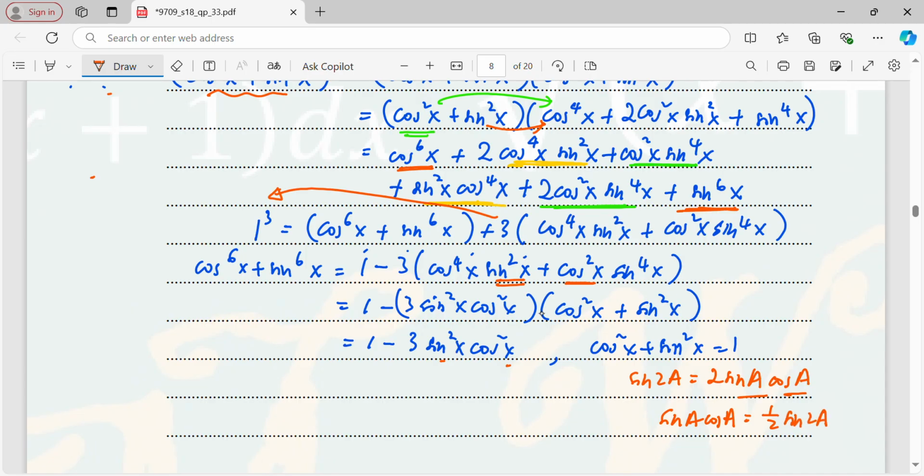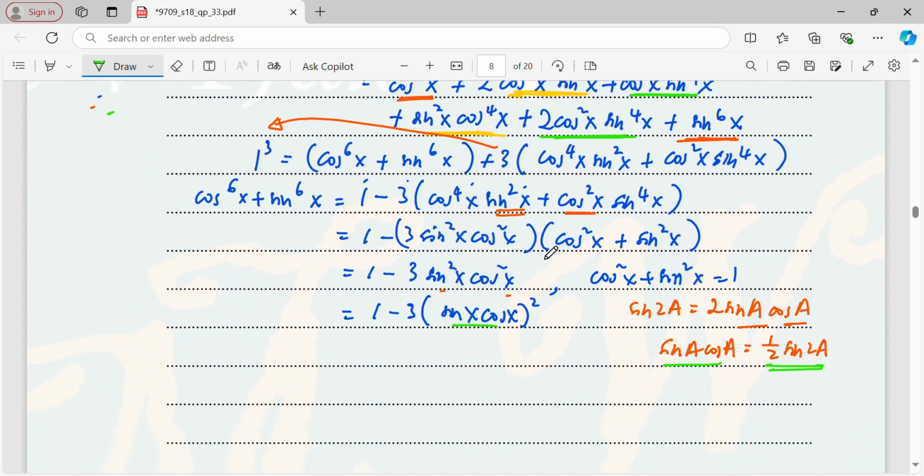And now when you compare, this is sine square x cos square x, I can rewrite in this form. That is going to be 1 minus 3, then I take out the squared. It will be sine x cos x squared. And now, this sine x cos x will be replaced by half sine 2x because my a is x now.